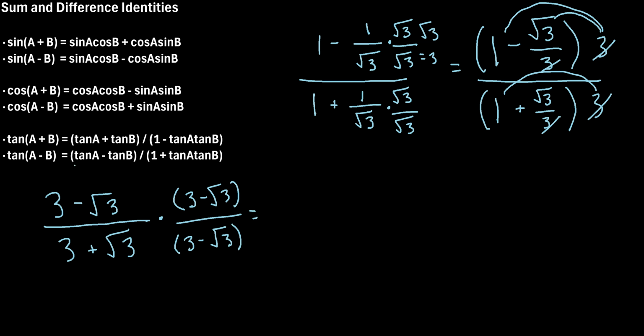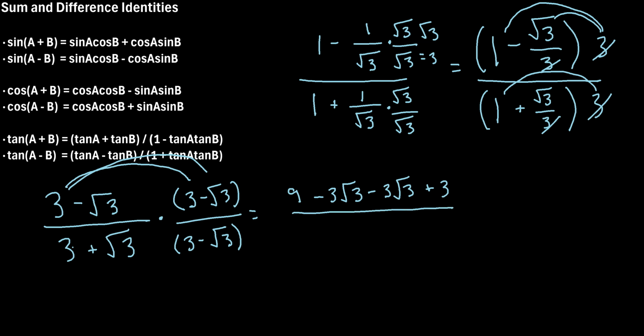So when we do that, we'll get 3 times 3, that's 9. And then we have 3 times negative root 3, so that's minus 3 root 3. And then we get negative root 3 times 3, so minus 3 root 3. And then negative root 3 times negative root 3, that is just positive 3.